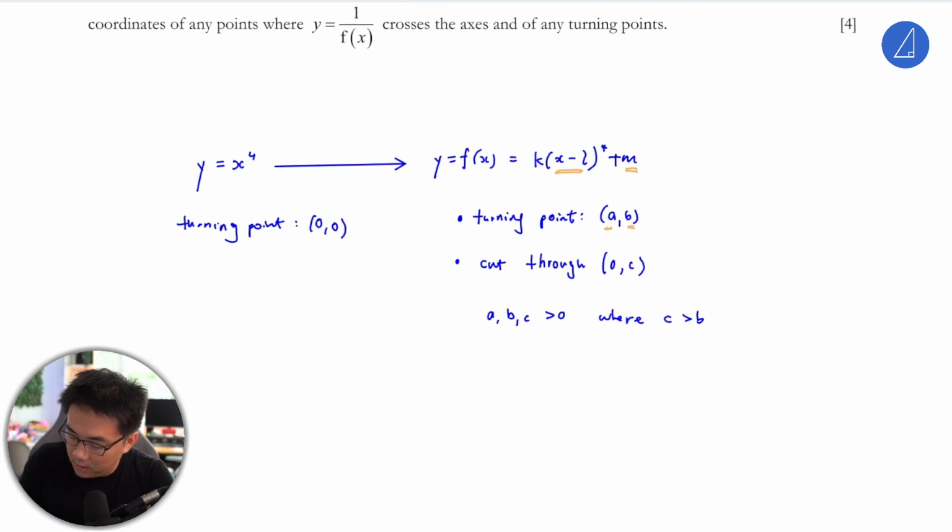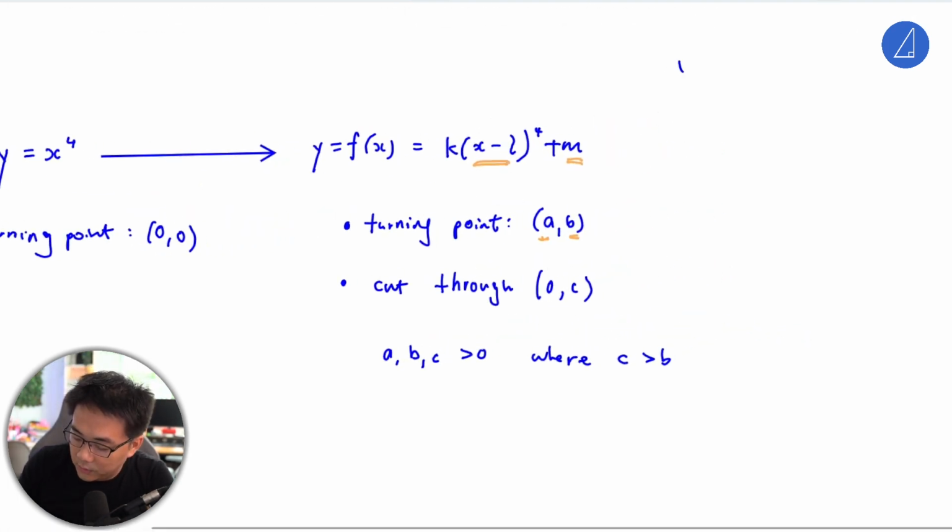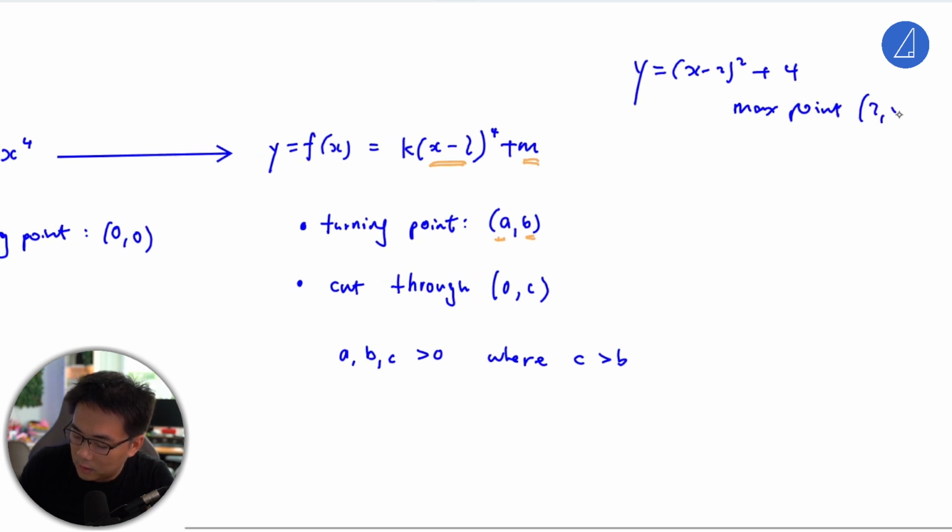So for example, in secondary school, you learn that for (x - 2)^2 + 4, the point here is (2, 4). This is a minimum point, (2, 4).